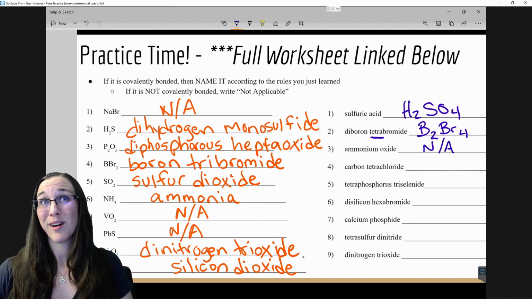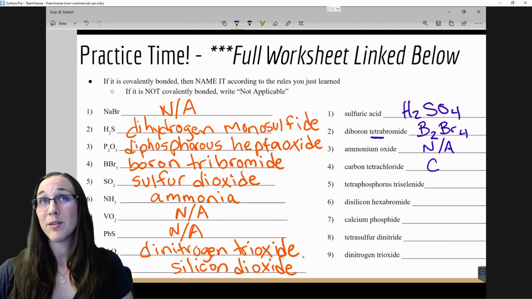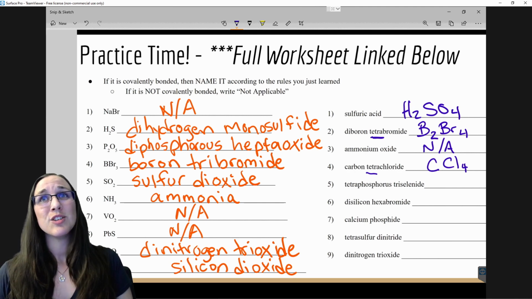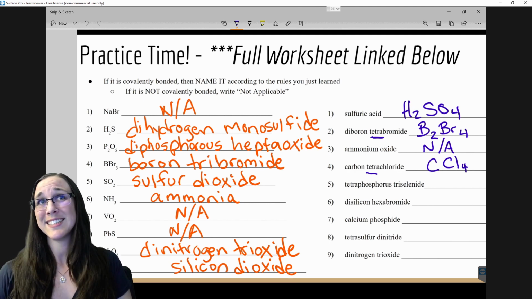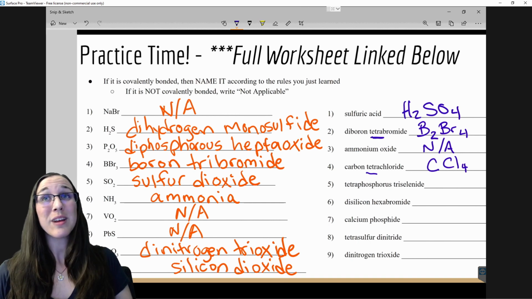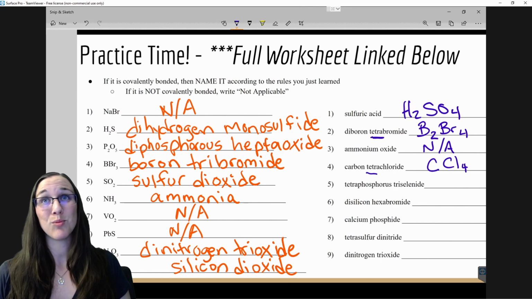Moving on to number 4, carbon tetrachloride. There's 1 carbon, and we know that there are 4 chlorines. So we'll have Cl and then a little 4 at the bottom. Whew, that next one looks nasty. Tetraphosphorus triselenide. Selenide is for selenium, and there are 3 of the selenium atoms and 4 of the phosphorus atoms with the tetra.